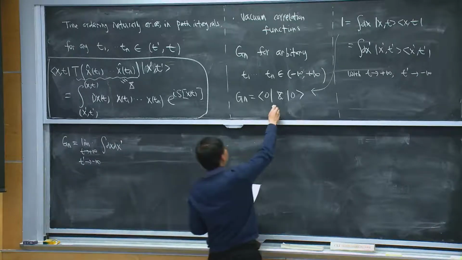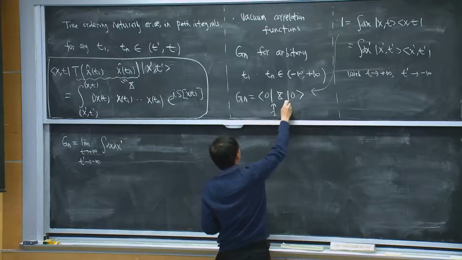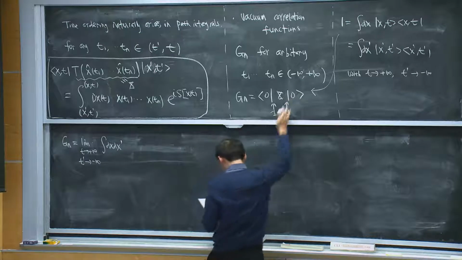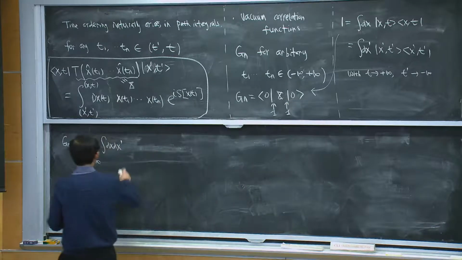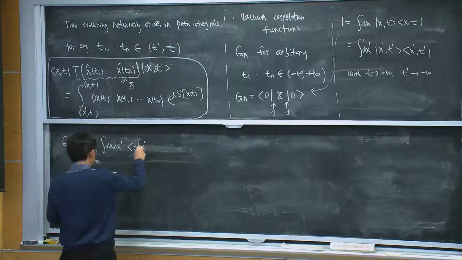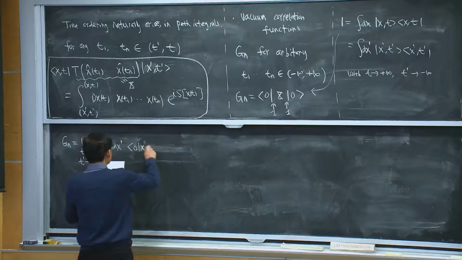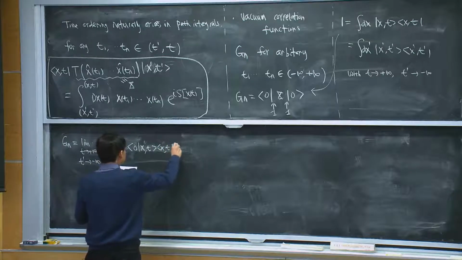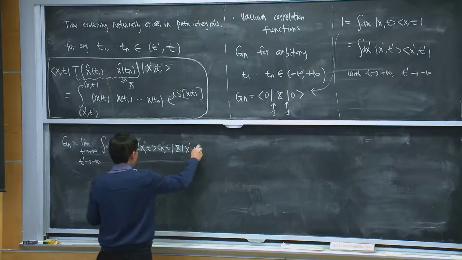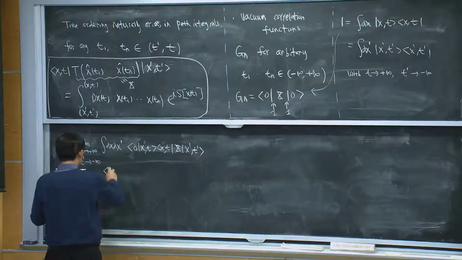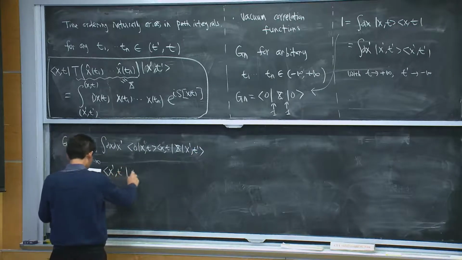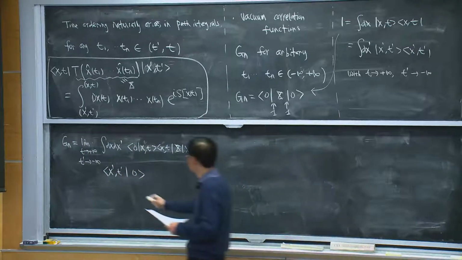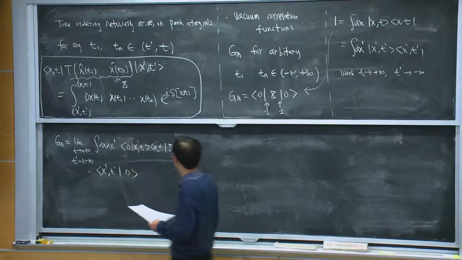We insert 1 here and 1 here, in both places: here the upper line, here the lower line. Then we have <0|x,t><x,t| X |x prime,t prime><x prime,t prime|0>.